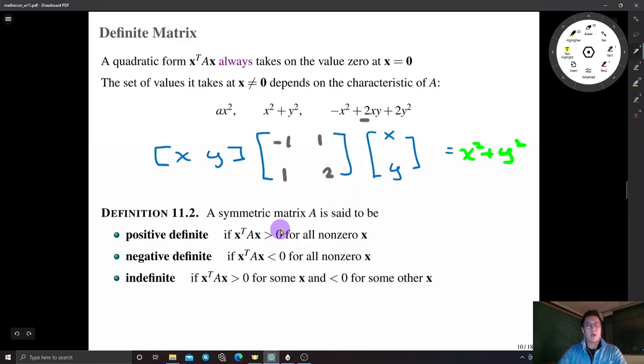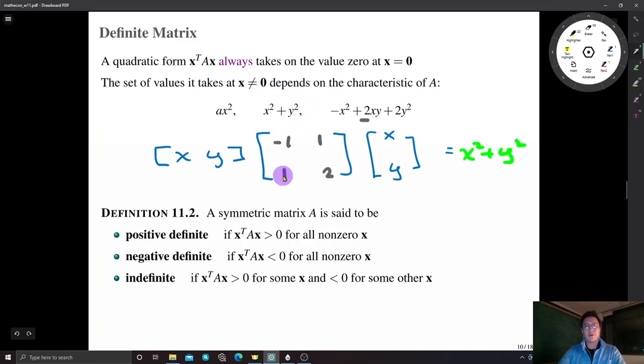Specifically, we call that symmetric matrix A inside positive definite if the quadratic form is always positive for all non-zero matrices. No matter what value of x, this variable x and variable y, we have a positive value, just like this one.